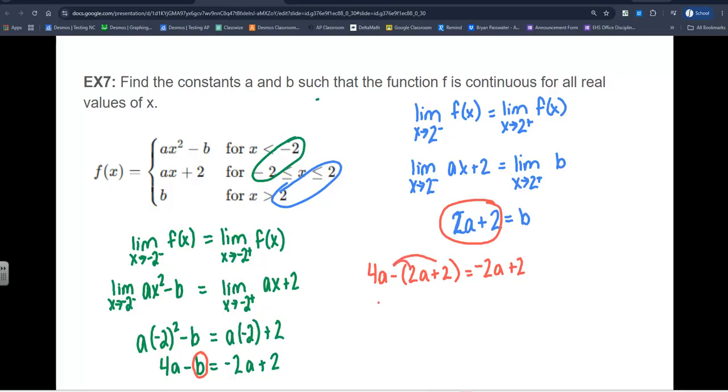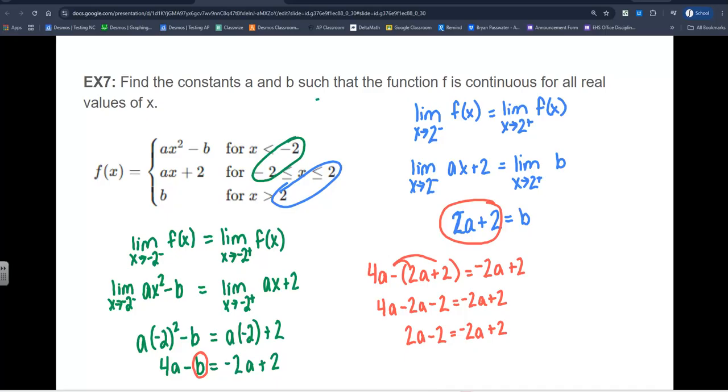So I'm going to distribute that negative. 4a minus 2a minus 2 equals negative 2a plus 2. I'm going to combine my like terms here. So that's 2a minus 2 equals negative 2a plus 2.